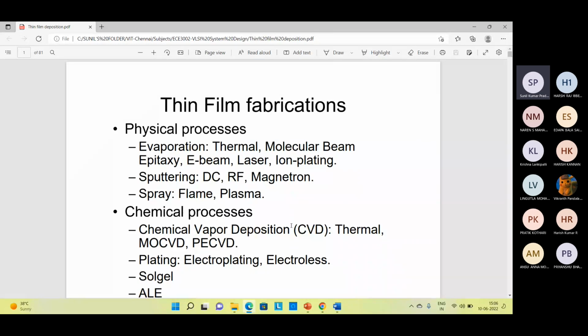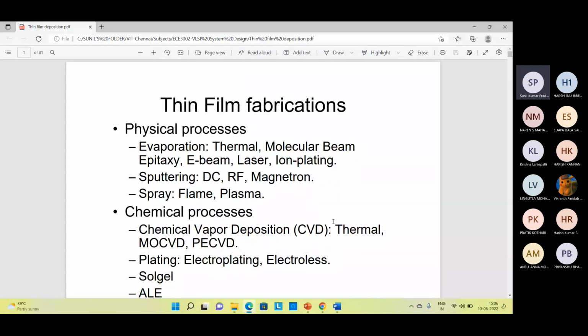Now, under chemical vapor deposition, there are three types: one is thermal chemical vapor deposition, second is MOCVD, that is metal organic chemical vapor deposition, and PECVD, that is plasma enhanced chemical vapor deposition.